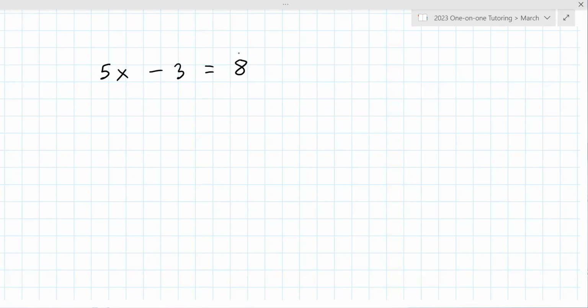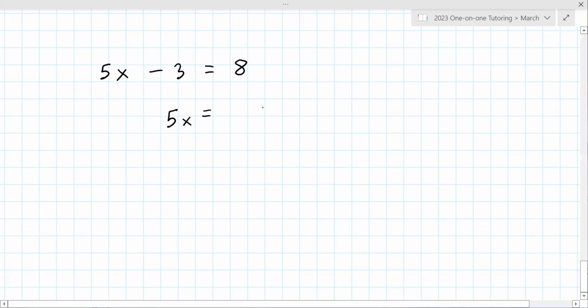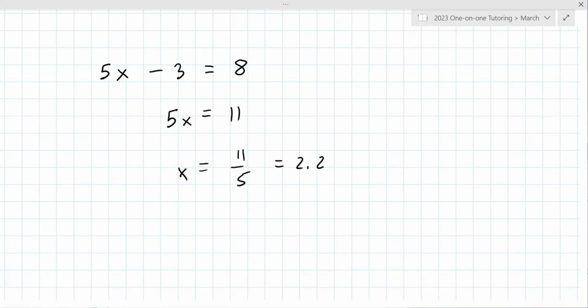So 2.1 or 2.5? Yeah, so x equals 11 divided by 5, which is whatever it is, 2.2. Okay, I think you got it here.